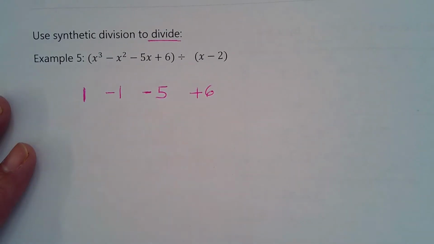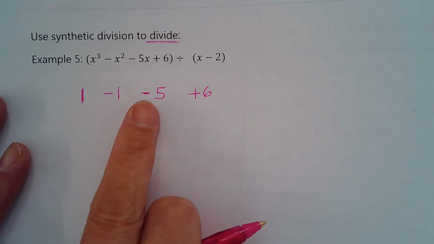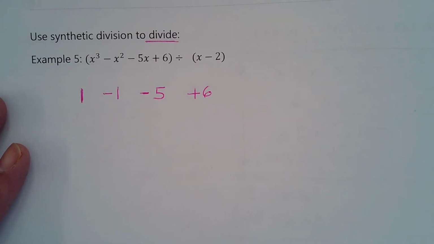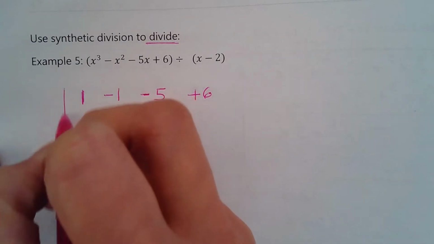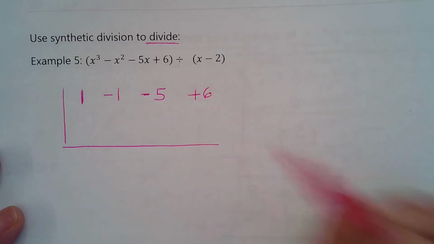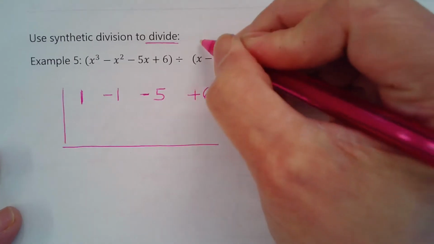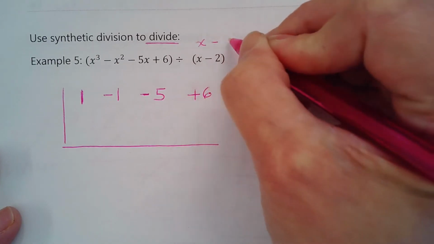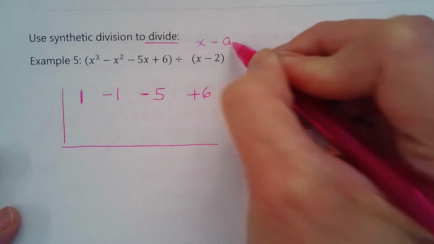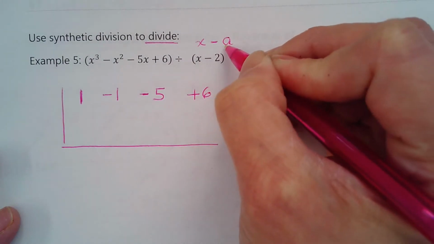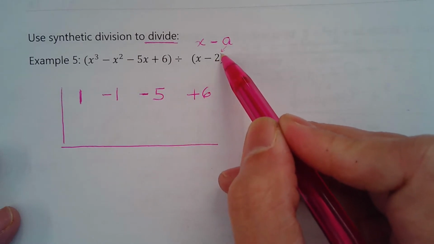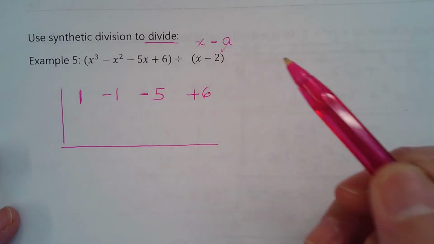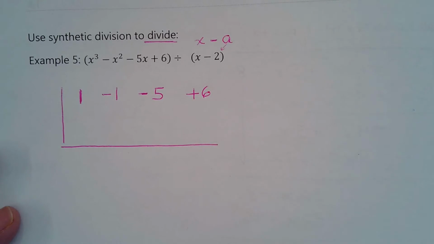Okay, there you go. So we're just going to write down the coefficients. Then the divisor is going to be x minus a, and we're going to take just the a value.